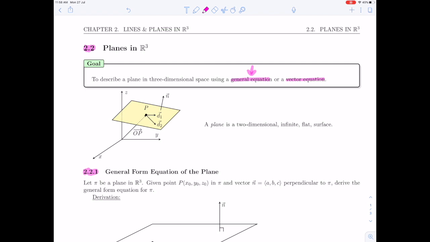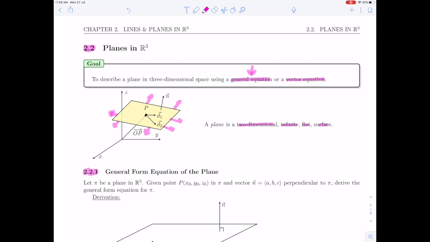So let's have a quick look at this diagram. A plane is a two-dimensional infinite flat surface. I want to be very clear here that these are not boundaries. The plane goes on in all directions. It's infinite, so it doesn't have a boundary, it doesn't have an ending part or point.